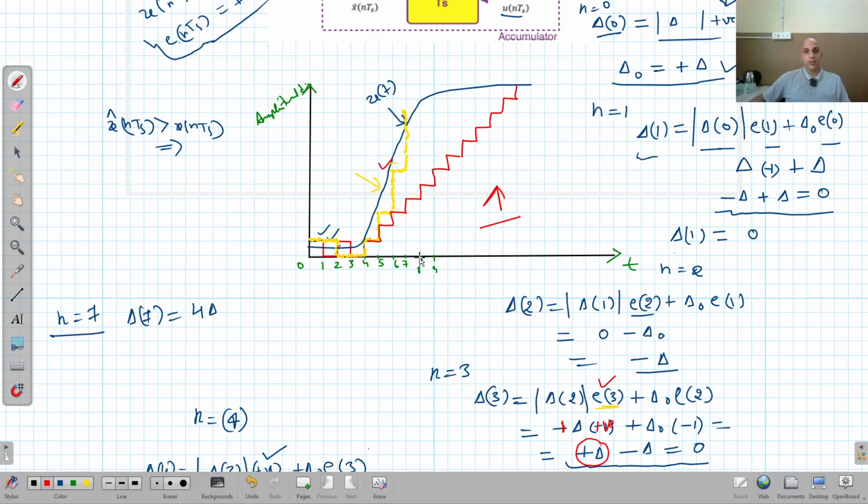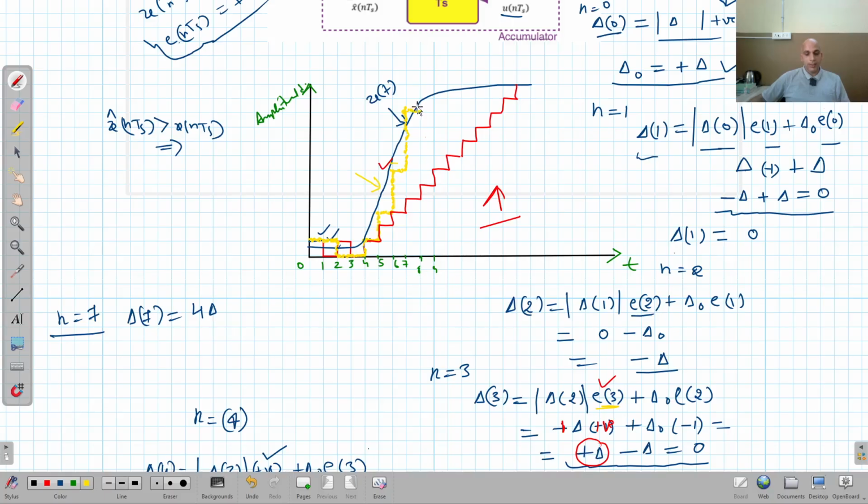Similarly, you can see at n is equal to 8, n is equal to 9 and n is equal to 10, right? When n is equal to 7, we get 4 steps, right? And at n is equal to 8, the adaptive delta modulation step is higher now. So obviously again you will make the comparison.